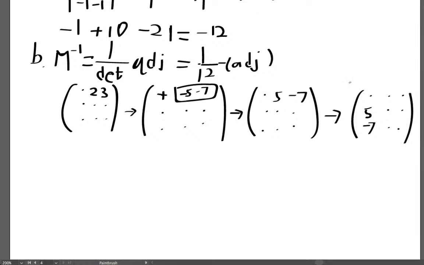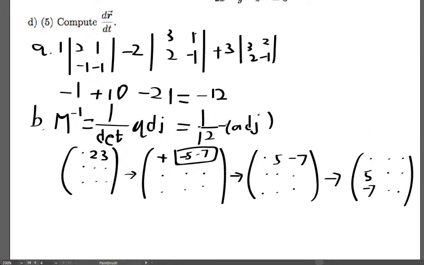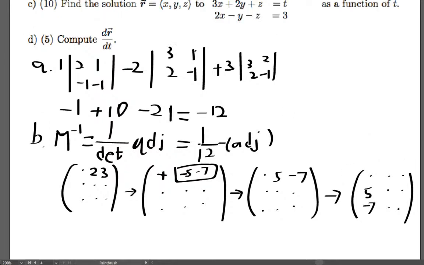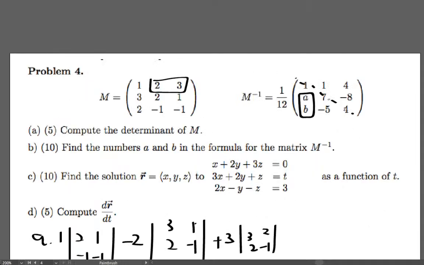But in this case here, you want to figure out what is the negative adjoint. Because the form is 1 over 12, a would be negative 5, b would be 7, as that's your answer. I hope that's clear, but obviously it's not clear because I know it all.